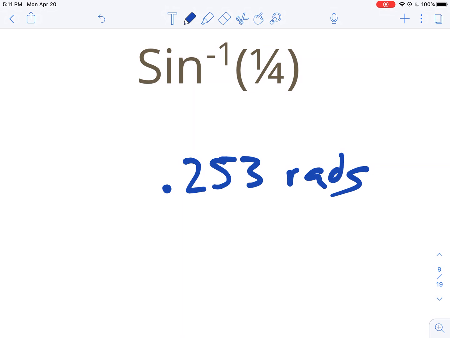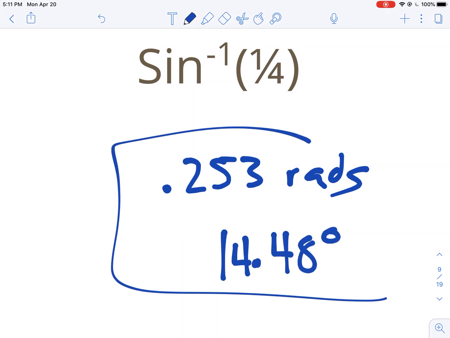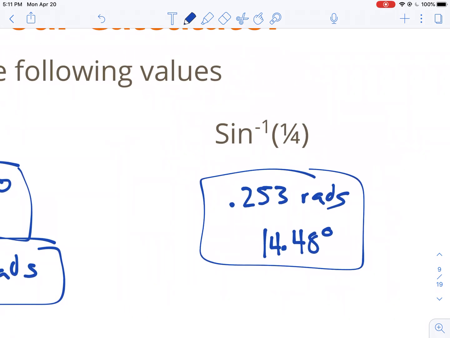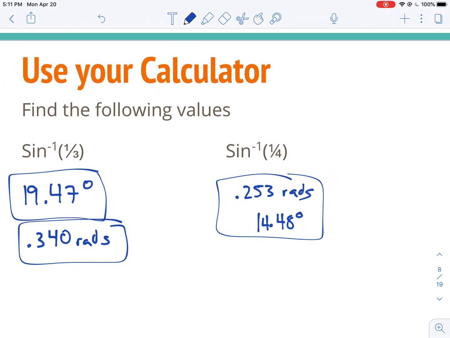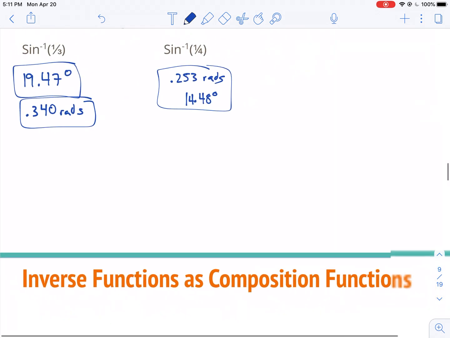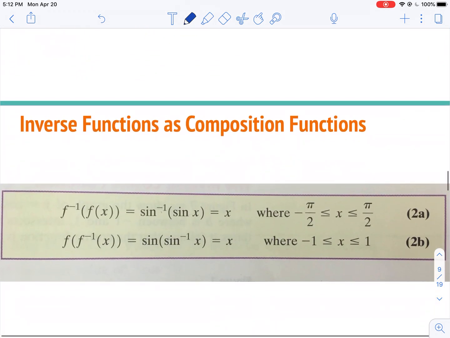I'll hit second, I'll hit the sine button, I'll do 1/4, and I will find that this is equivalent to 14.48 degrees. And there you have it. Those are both correct answers here. I'm just plugging into my graphing calculator and paying attention to which mode my graphing calculator was in from the beginning. Nothing too complicated.